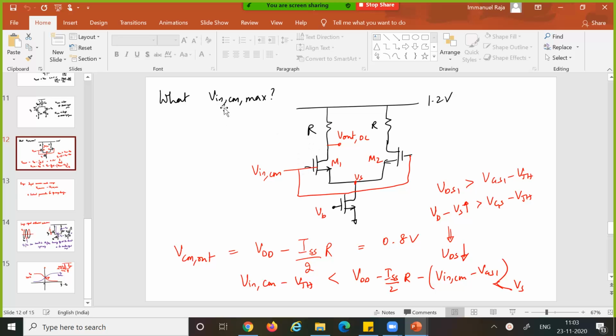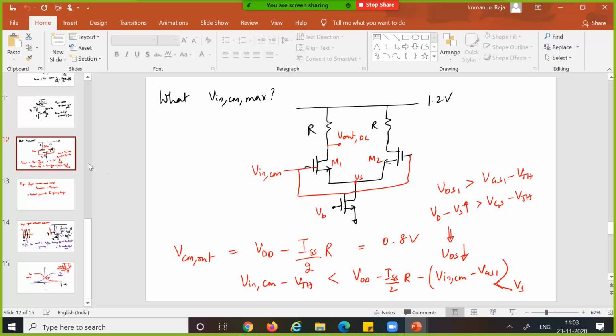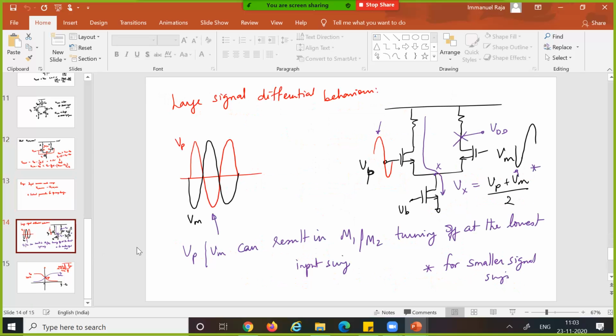And for the maximum input common mode, this has to be in the saturation region. So we derived those things, basically to understand the limits of this particular circuit. And then we saw what happens with large signal behavior.